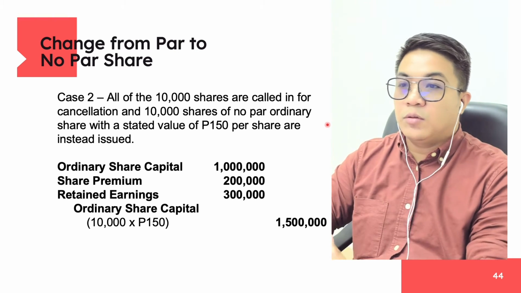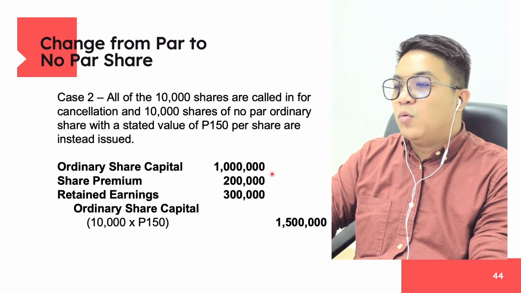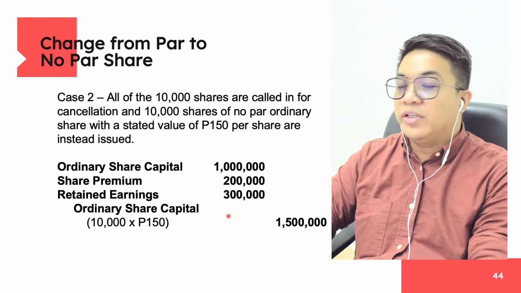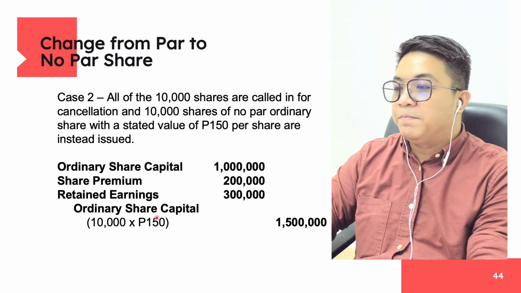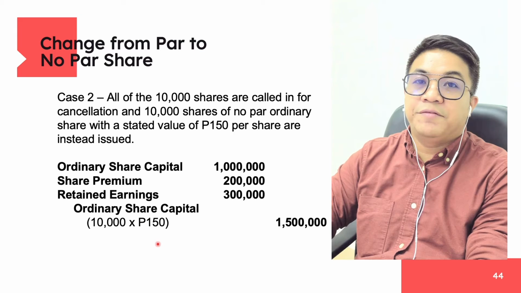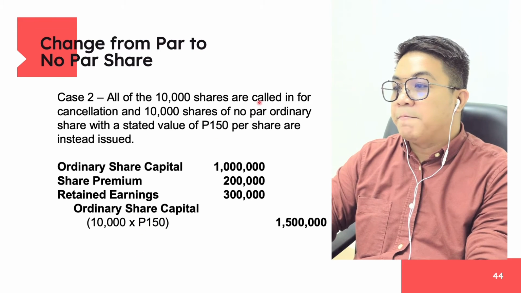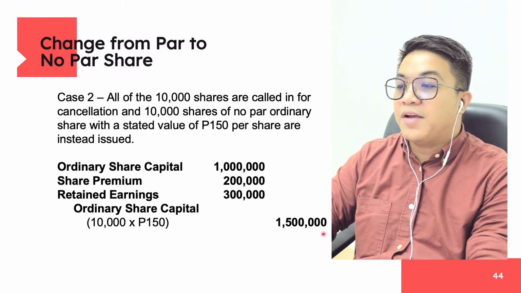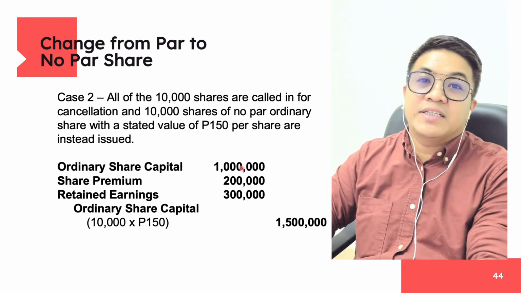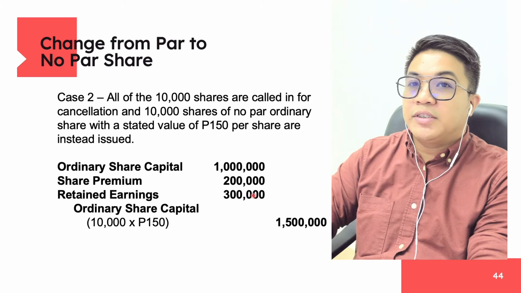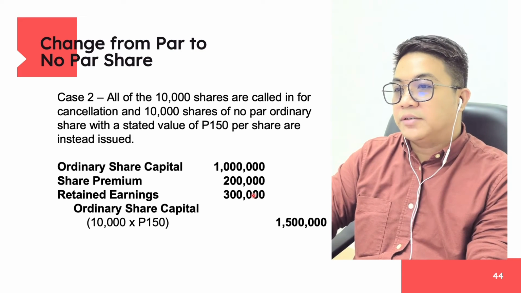It's higher. So, we cancel 1.2 again, but the new ordinary share capital at 150, 10,000 shares times 150 pesos stated value, so that's 1.5. So, 1.5 minus 1.2, the difference is in the debit. So, we'll debit the retained earnings.